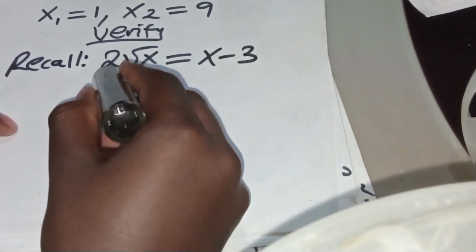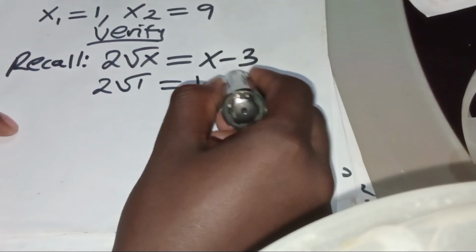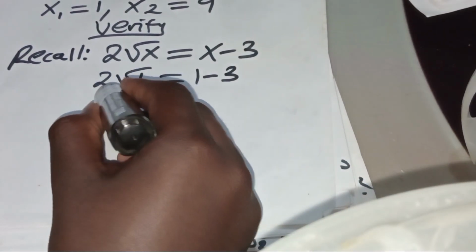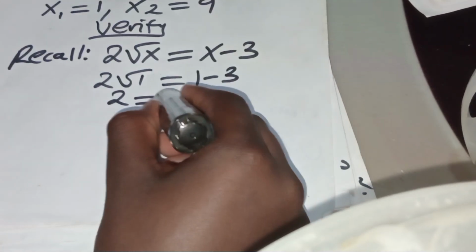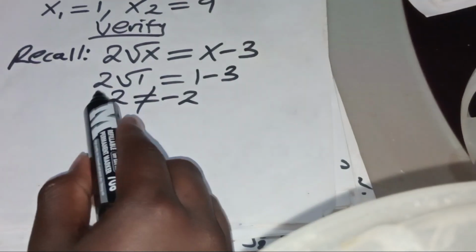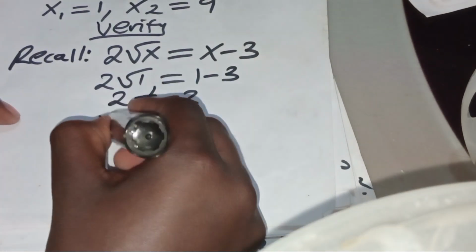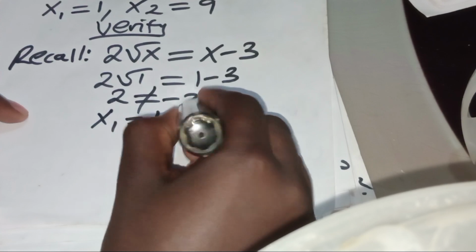Now substituting the value of x1, which is 1, we'll have 2 square root of 1 equal to 1 subtract 3. So 2 times square root of 1 is 2. This is equal to 1 minus 3, which is negative 2. So that means that 2 is not equal to negative 2. Therefore, x1, which is equal to 1, is not a solution.